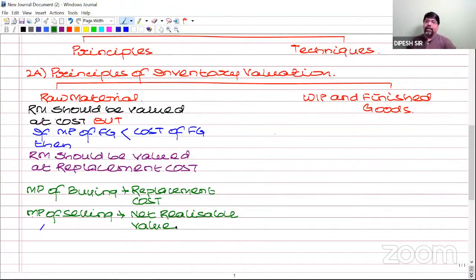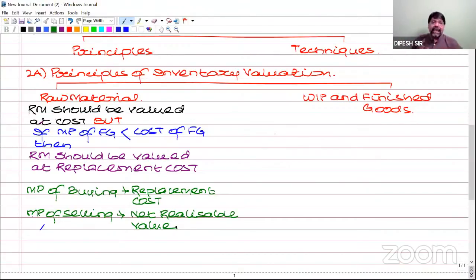Now, why like this? Obviously, if the price of the calculator falls, that means by default the price of plastic will also fall. So cost price was 100, market price is 80. So this should be valued at 80. Then the raw material included in this should also reduce.